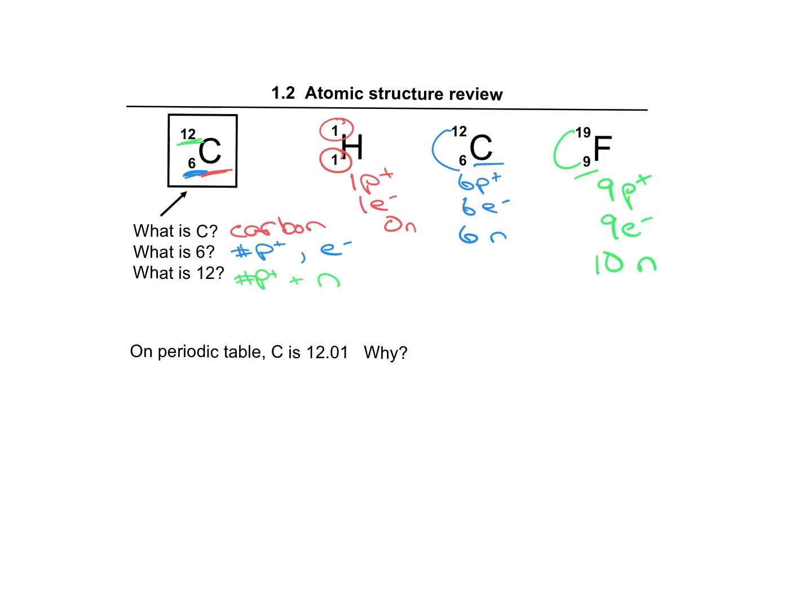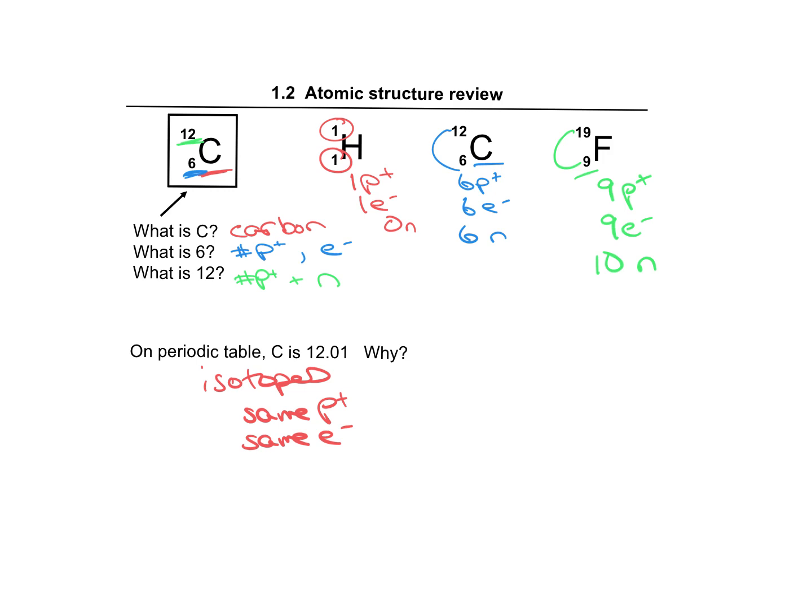Now, if you look at a periodic table, rather than seeing the number 12, the atomic mass, you might see the number 12.01. We need to remember that atoms of a particular element can exist as different isotopes. So an isotope would have the same number of protons and the same number of electrons because we're talking about the same element.